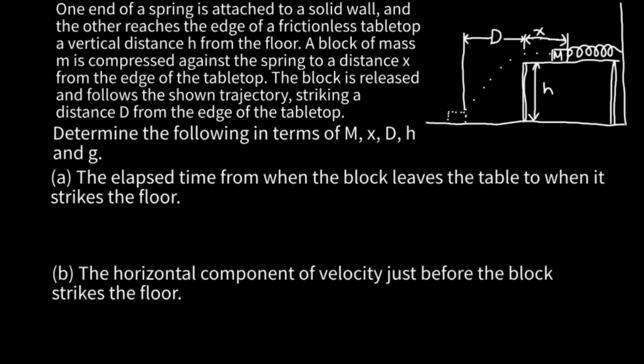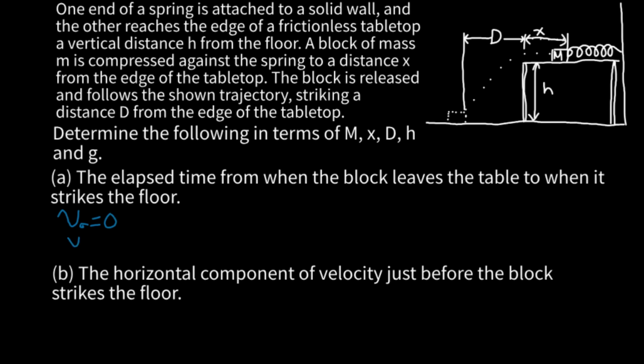So first we want to know the time elapsed from when the block leaves the table to when it strikes the floor. Well, for this one, we can use projectile motion concepts. So let's look in the vertical direction. So we know we have an initial velocity of 0, because when the block falls off the table, it's initially moving horizontally. We don't know the final velocity.